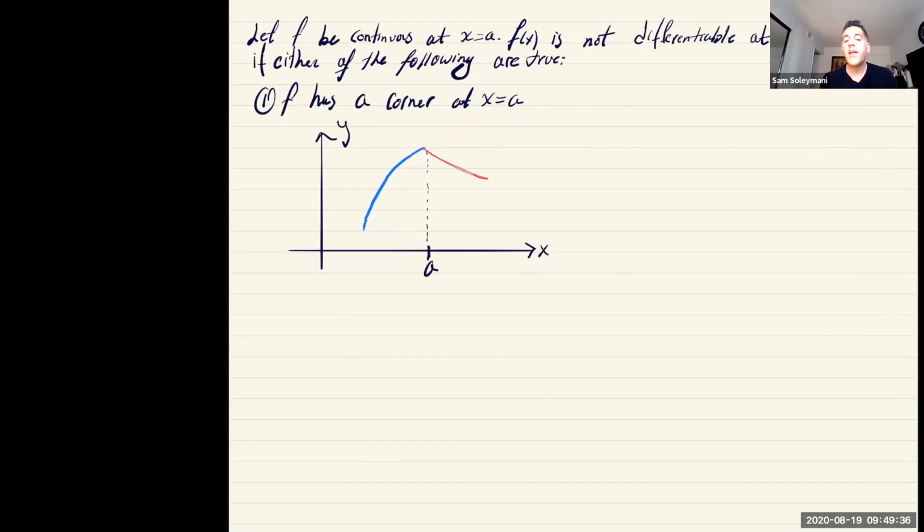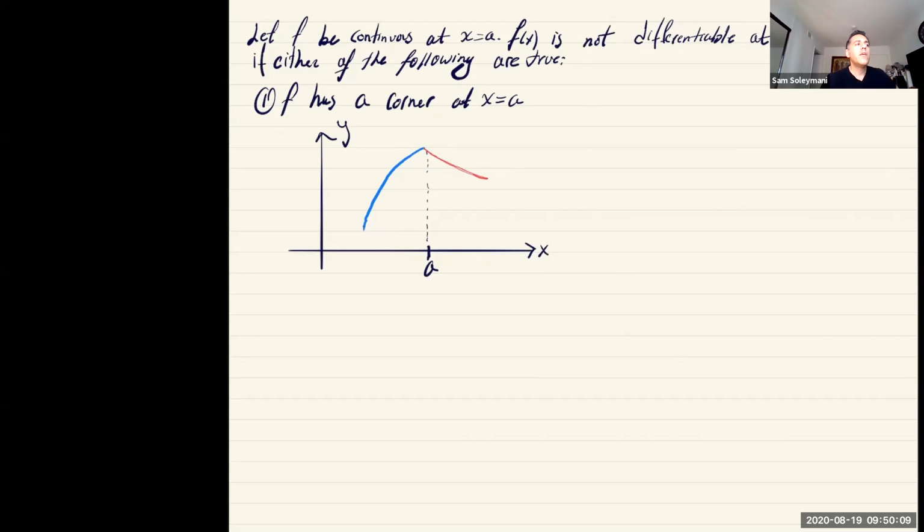But on the right of a, the derivative becomes entirely different. There is no smooth transition from that derivative to this derivative. And this has got to do with the limit.